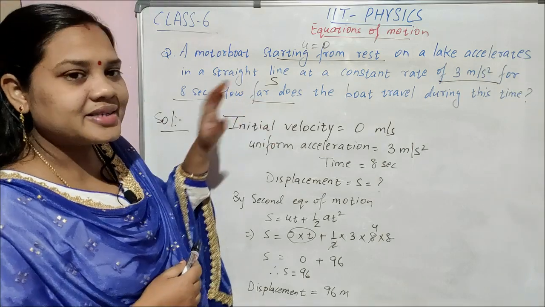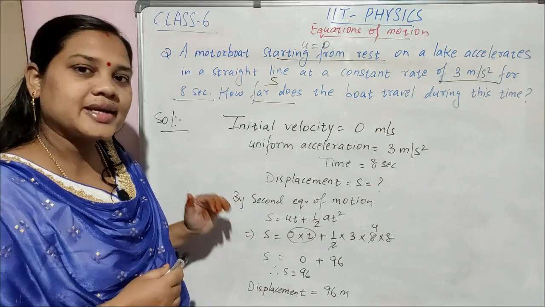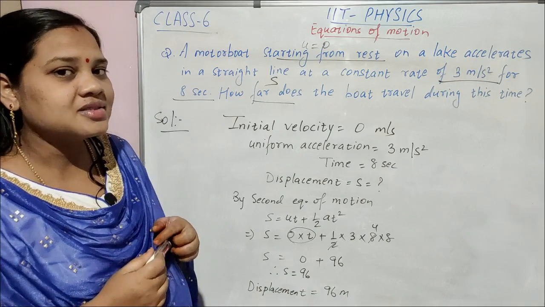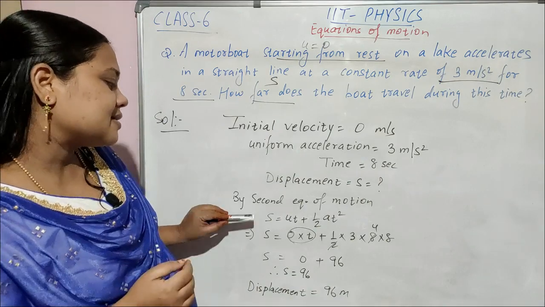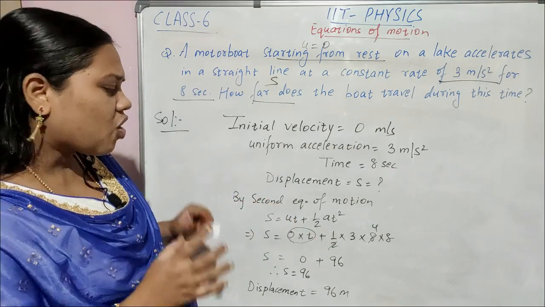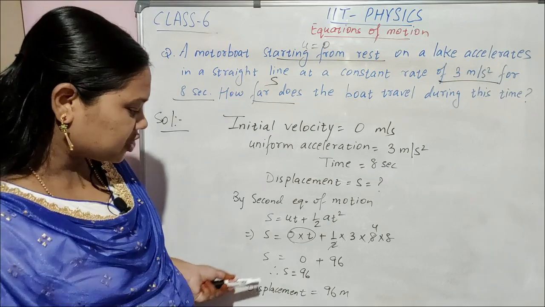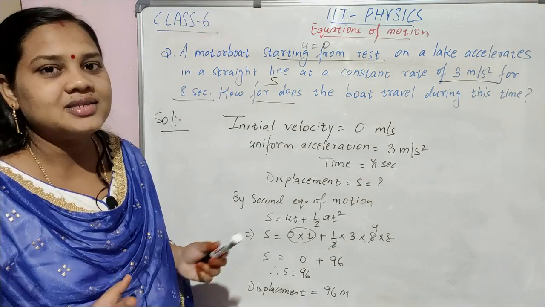You had to find displacement, so you had to use the second equation of motion, which brings the relation between displacement and time: S equal to ut plus half at square. All the required details we have, you substitute and you will get the displacement 96 meter. Very easy sum.